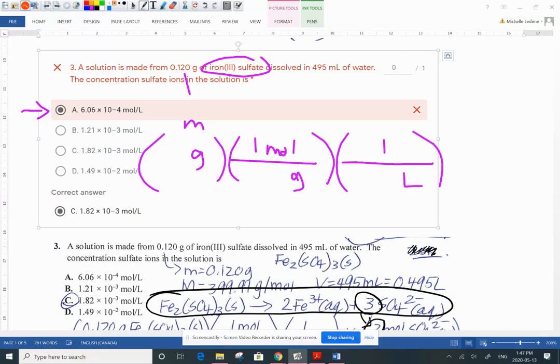Well, I think you didn't read it carefully. I'm not looking for the solute. I'm looking for the sulfate ions.